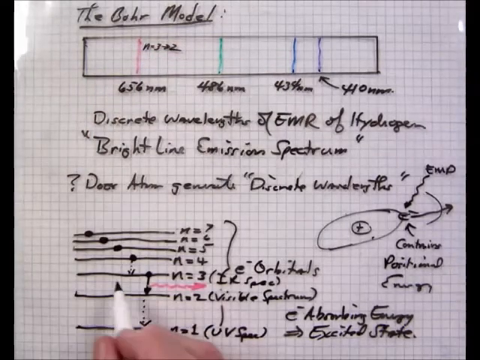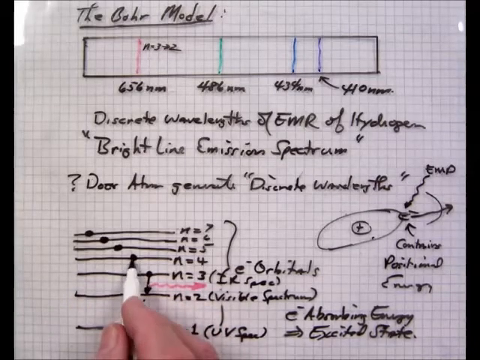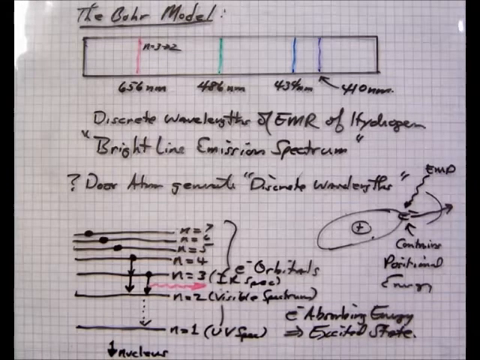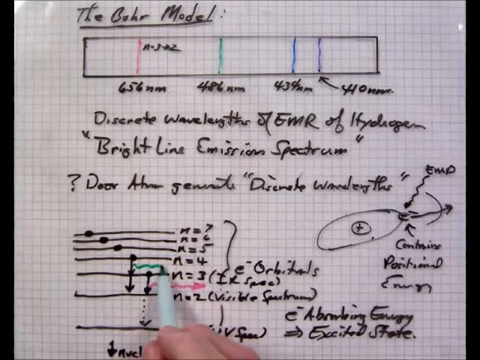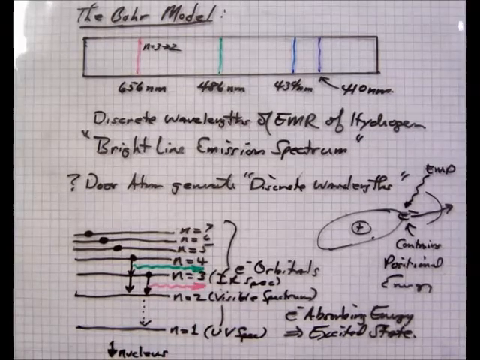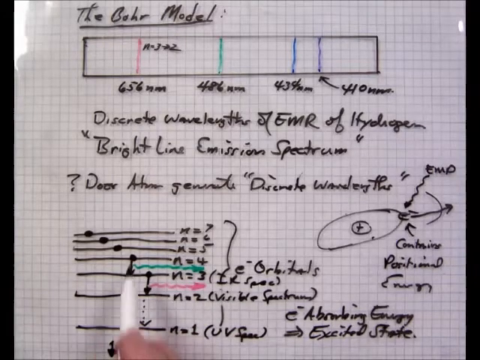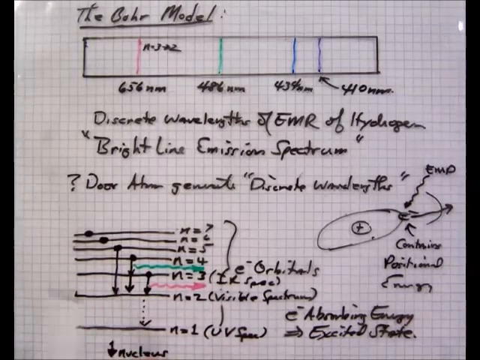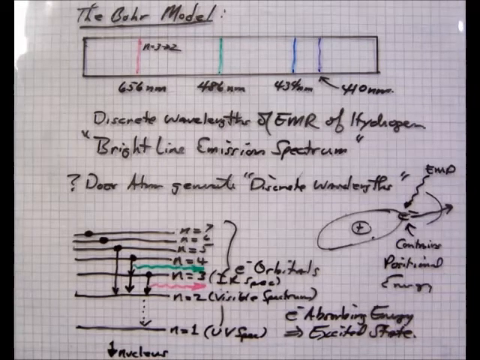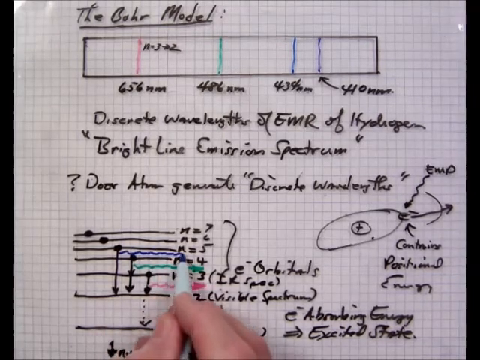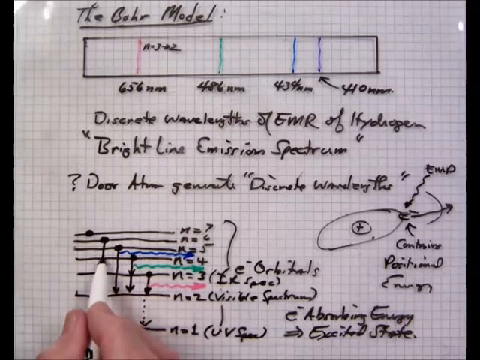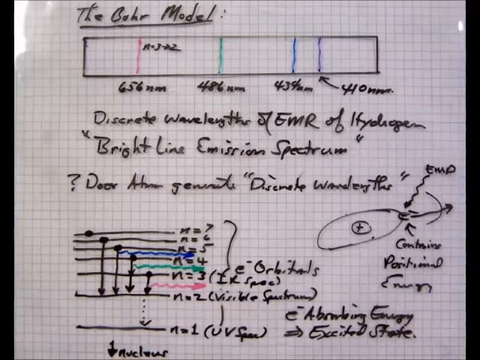If you have a transition that goes from 4 and stops at 2, it will give off the green band. And I think you get the pattern. 5 down to 2, it gives off a blue band, right there. And it goes from 6 to 2, it gives off a purple violet color.